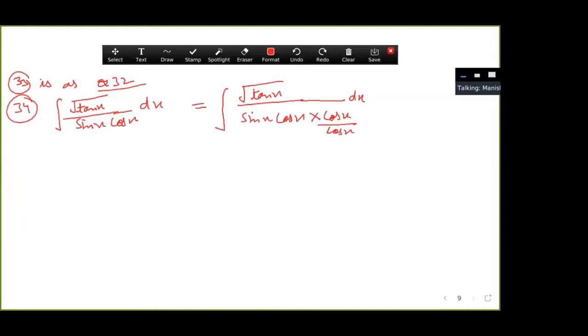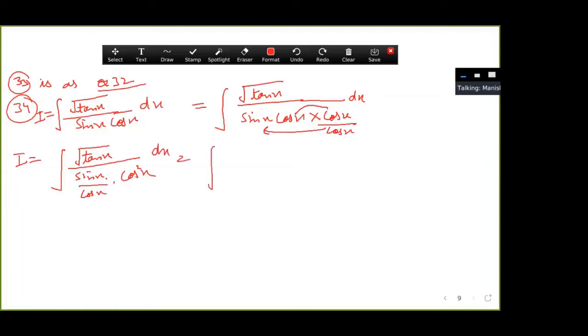Now, what will you get? Suppose this is I. Now I becomes the integration of root tangent x upon sin x into cos x. Sin upon cos becomes tangent, and the two cos become cos square x, this is dx.